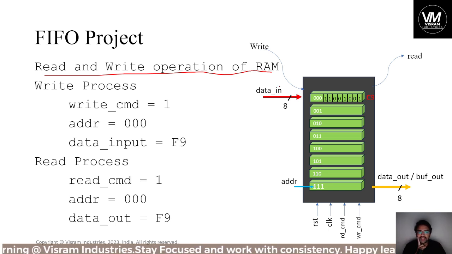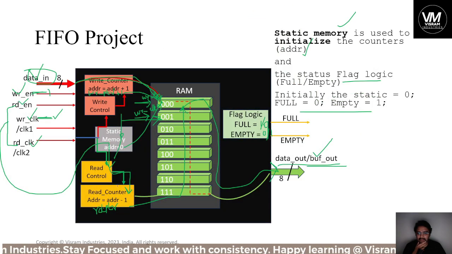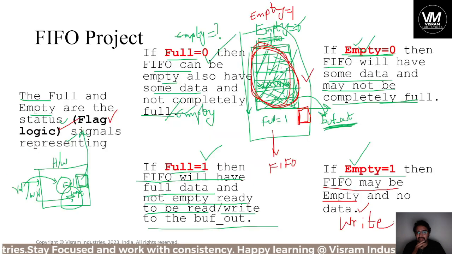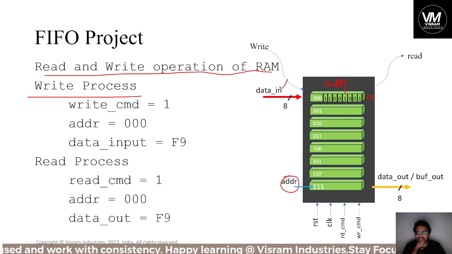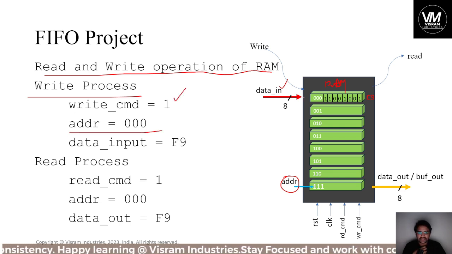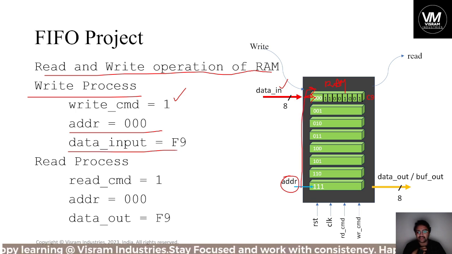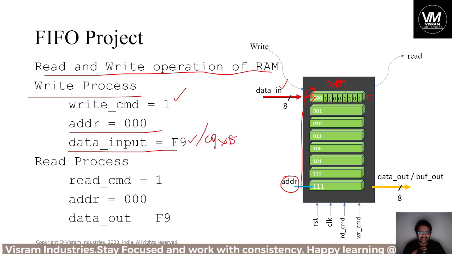Okay, so coming to the read and write operations of RAM, let us consider only RAM. What are the inputs? We have data input, and the address is internally generated. Write process will happen only when the write command is 1, the address is at 000, and the data input is F9 or C9 or any other data, B3, or it can be 32, any other thing.